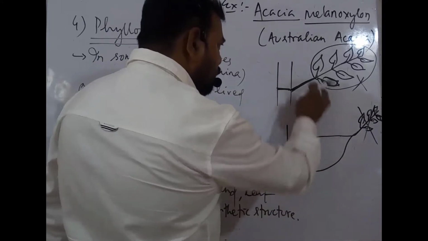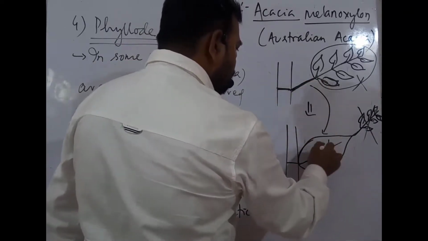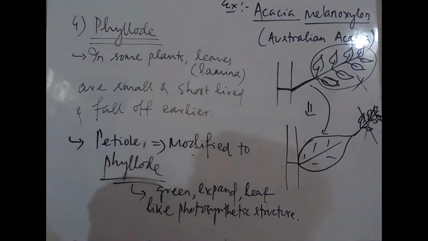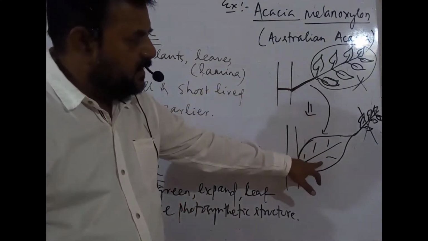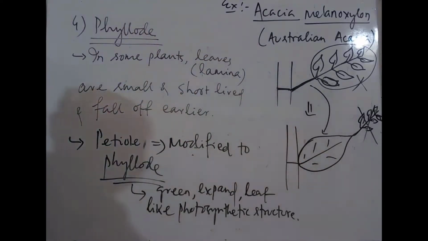So this petiole becomes an expanded leaf-like structure, and this one is called phyllodes. So this is another modification of the petiole of the leaf.